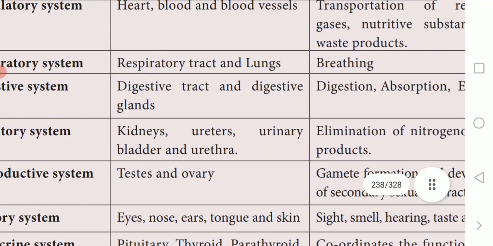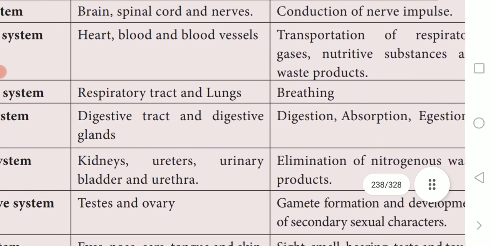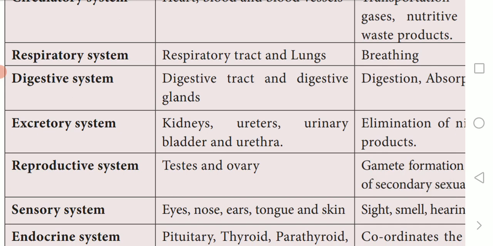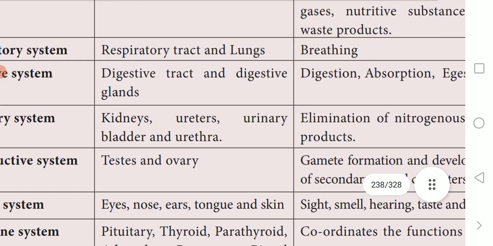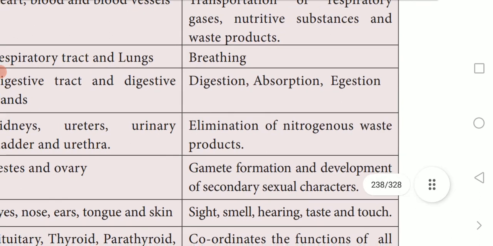The next is the respiratory system: the respiratory tract and lungs. Function: breathing. The digestive system: the digestive tract and digestive glands. Functions: digestion and absorption.